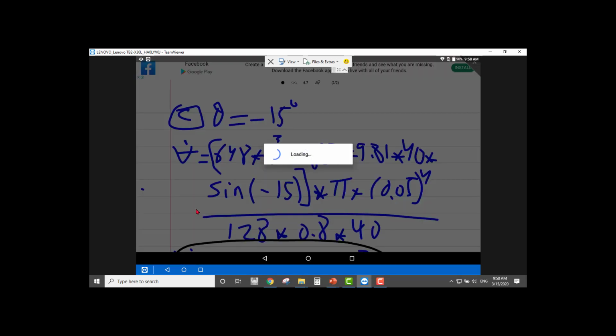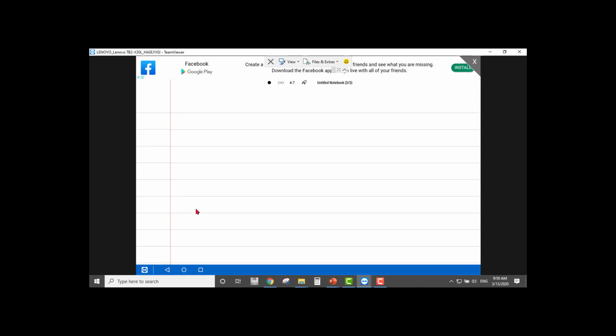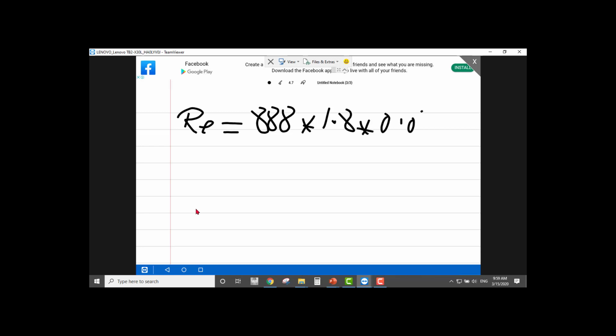Okay, this is the velocity. Now, Reynolds number equals density, which is 888, multiplied by the velocity 1.8, multiplied by diameter, which is 0.05, divided by viscosity, which is 0.8.